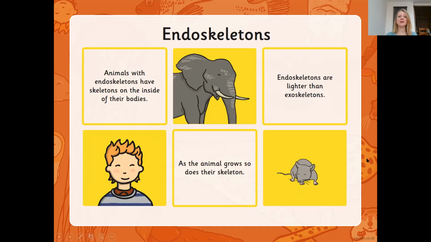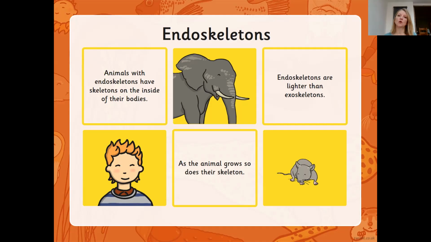Okay, so endoskeletons. Animals with endoskeletons have skeletons on the inside of their bodies. And there's three examples there: an elephant, a human, and a mouse. Okay, one very large animal, one very small animal, and one a little bit in between. But they all have backbones, they all have bones inside their bodies. Endoskeletons are lighter than exoskeletons.